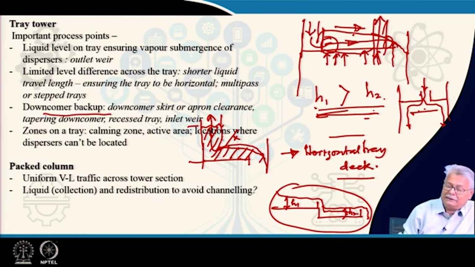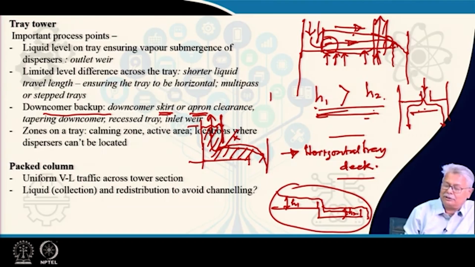By the way, this particular plate, which is the downcomer plate, is also called a downcomer skirt. It is also called downcomer apron. It is the same term, whether skirt or apron, it refers to the same near vertical plate. Now, in order to maintain this downcomer backup, it is possible that you have some sort of constriction here.